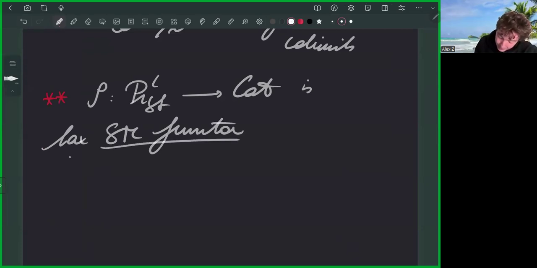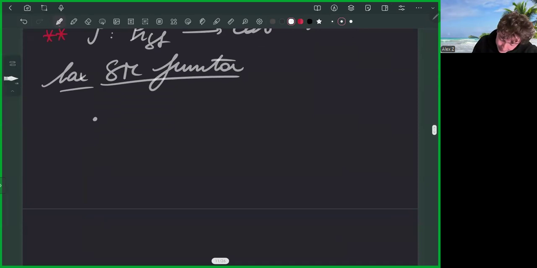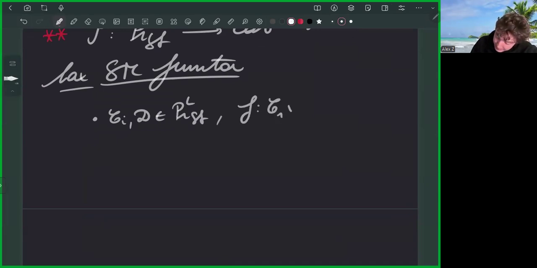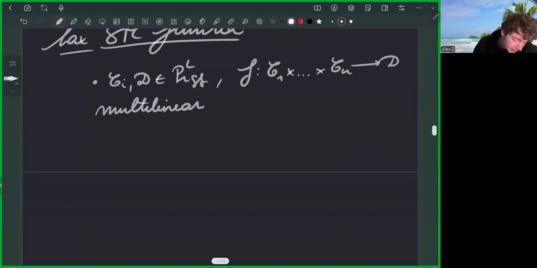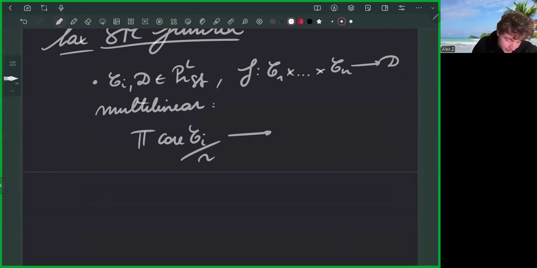We see this as follows: if Ci and D are elements in PRLST, and F is a functor from C1 times through Cn to D, let's say multilinear, meaning co-continuous in each variable separately, then we get a canonical map from the product of the cores of Ci modulo equivalence relation into the core of D modulo equivalence relation.